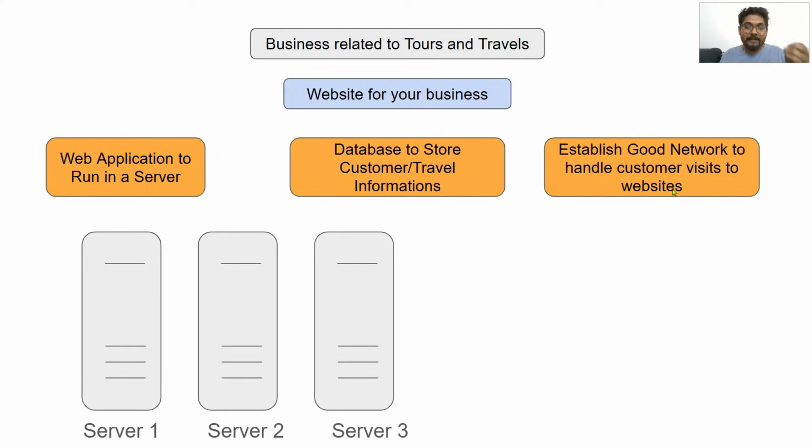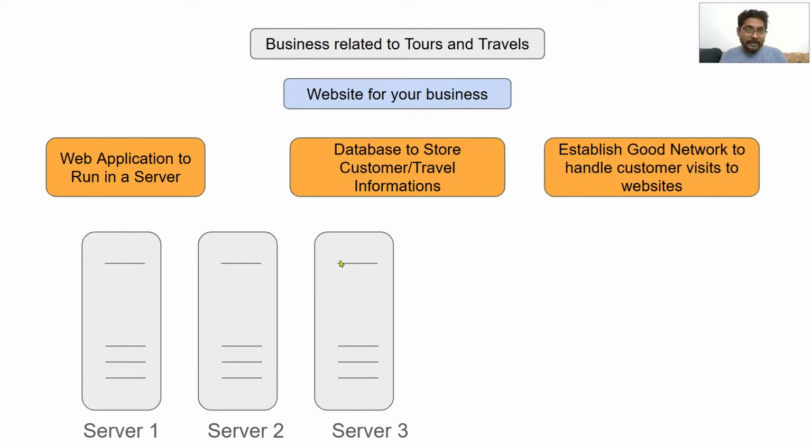At a time, if thousands of people have logged into your website, it should be able to handle it. So you decided, for all of this, I need a minimum of 3 servers to start with. You decided you should have a minimum of 3 servers.